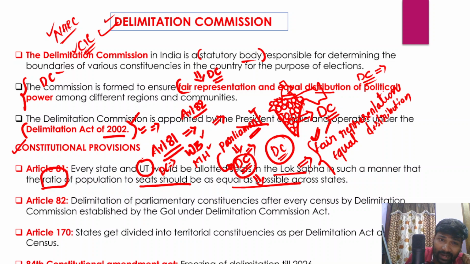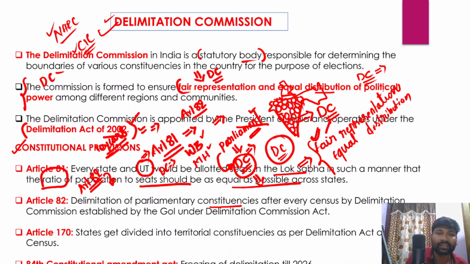So this is what Article 81 of the Indian Constitution says. And similarly, Article 82 of the Constitution. So what does Article 82 say? It says that the delimitation of the parliamentary constituencies should be done after every census. In India, the census is conducted once in 10 years, right?